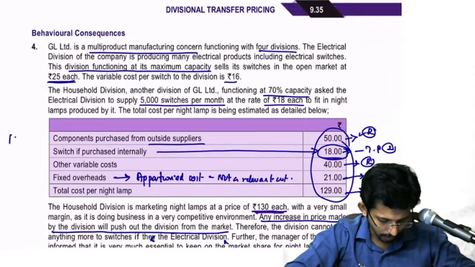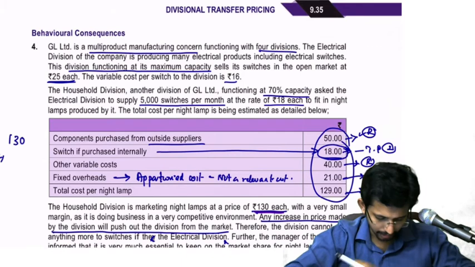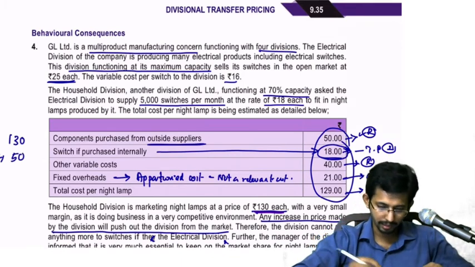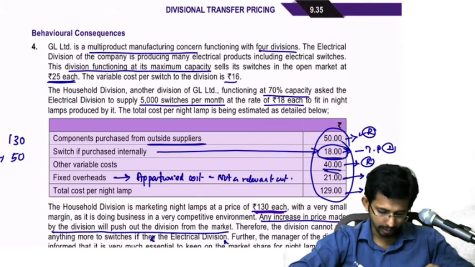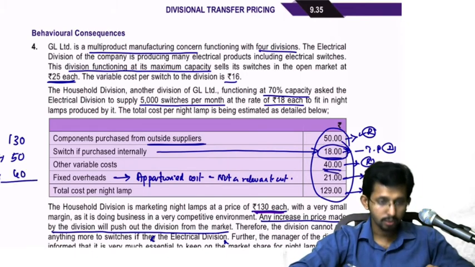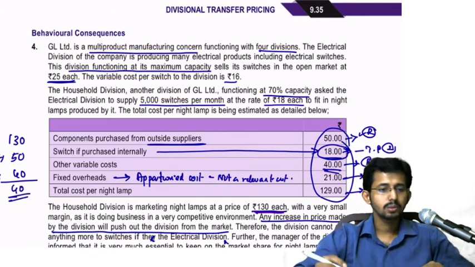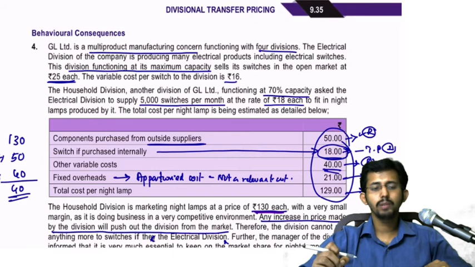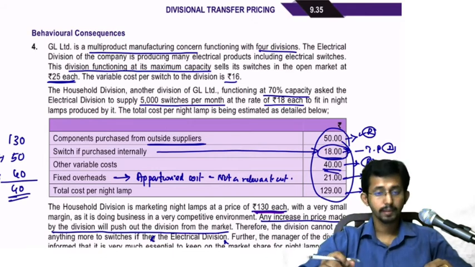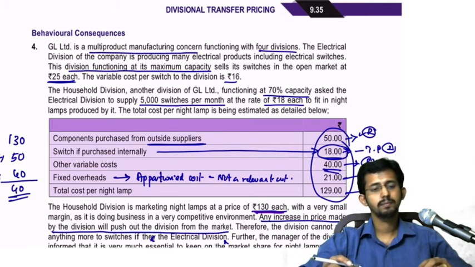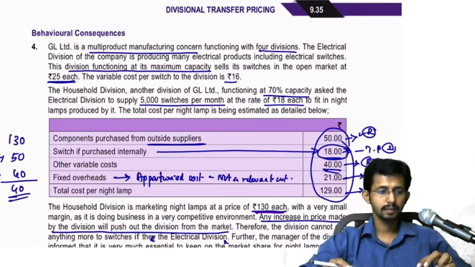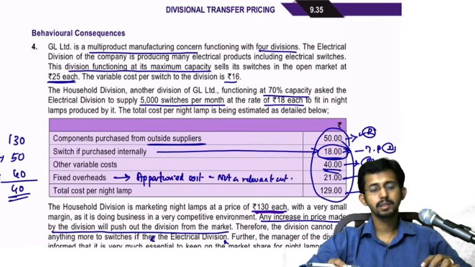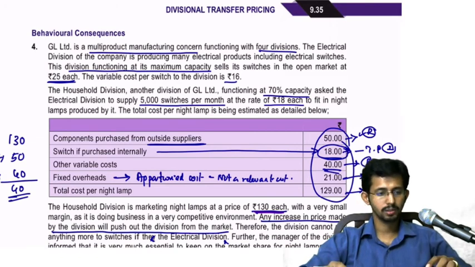The selling price is 130, minus 50 rupees they have to pay for purchasing the component from outsiders. Also they will have to pay this 40. So balance will be 40. So division household will not be able to pay anything above rupees 40 per switch.